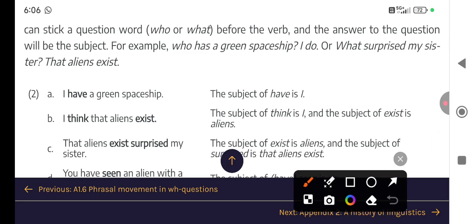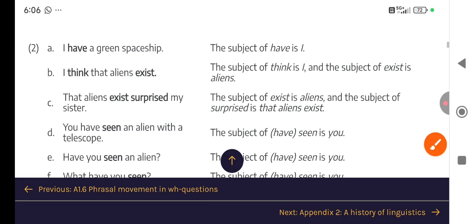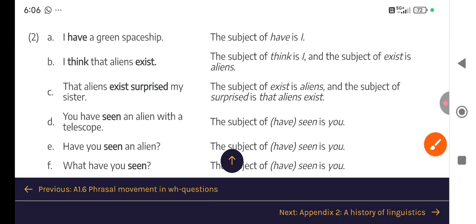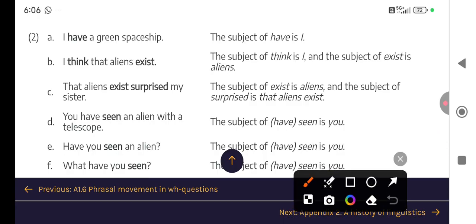I think that aliens exist. So what surprised my sister? That aliens exist. This is the answer. So let us see: I have a green spaceship. The subject of have is I.